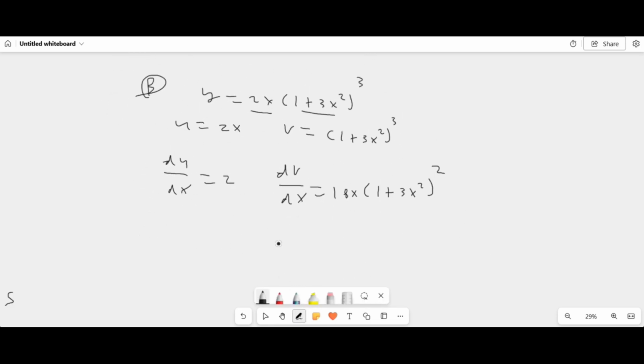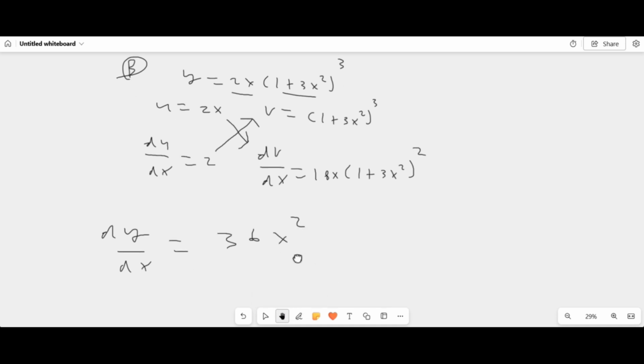Alright, safe. So now, again, we're going to do that times that plus that times that. So 2x times all of that is going to give us dy over dx. So 2x times 18x is going to be 36x squared.